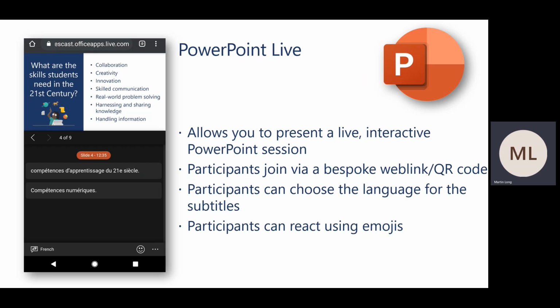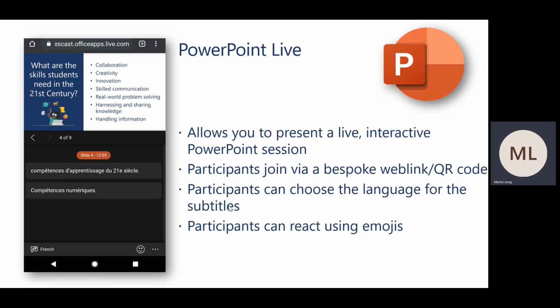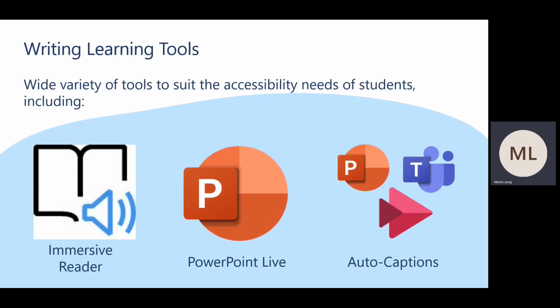If somebody enters that join code into things like OneNote or PowerPoint, what they can do is then have the transcript appearing on screen, and if you are speaking in English, then they can have a transcript coming up in their own language. So it's really important to think of PowerPoint, Translator and translation tools and Teams as one big happy family. Immersive Reader is the thing that underpins all of those.